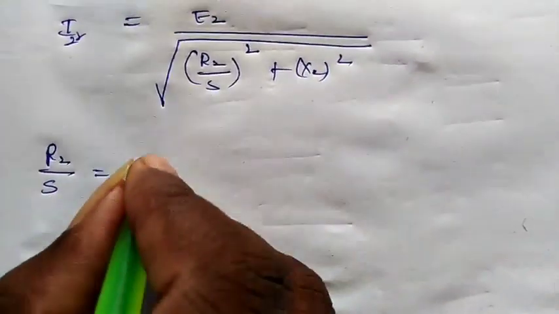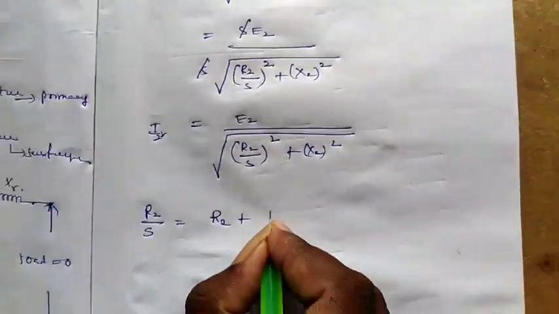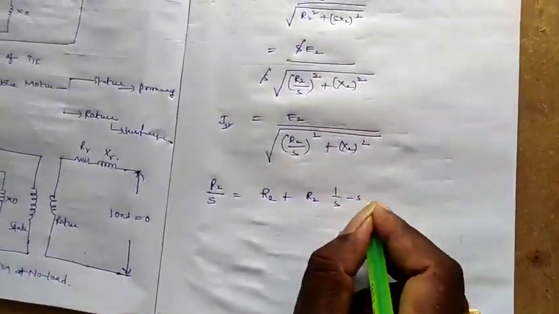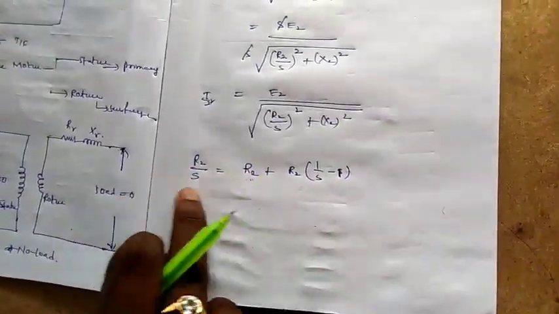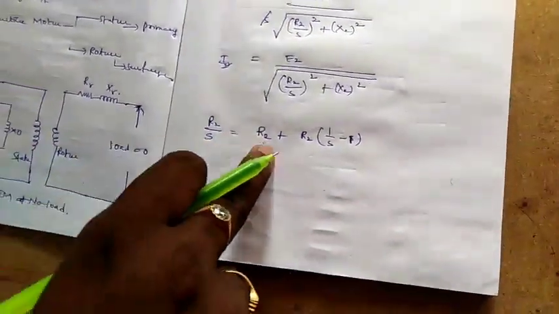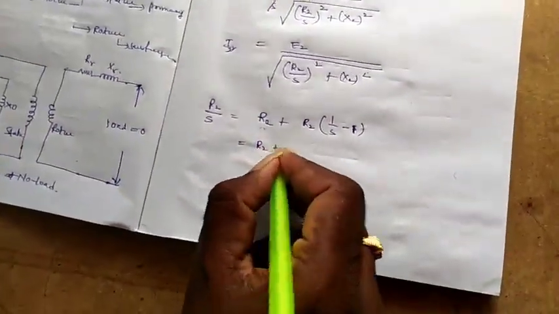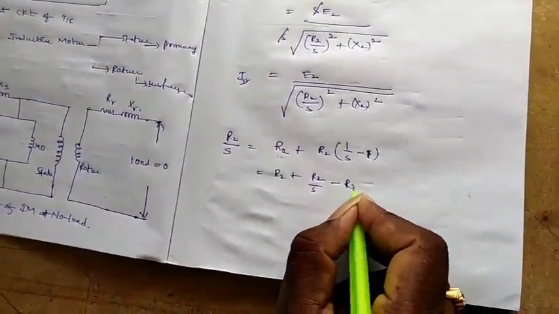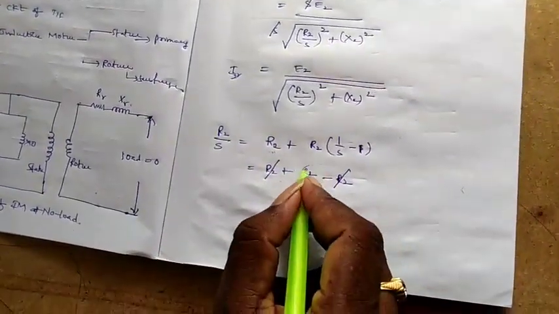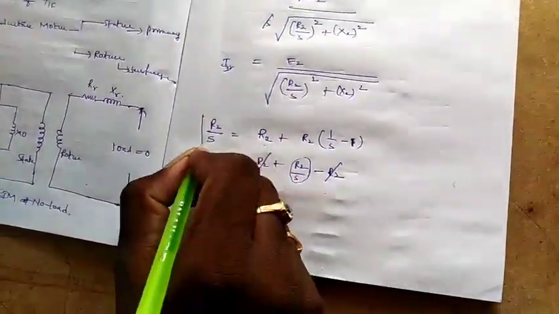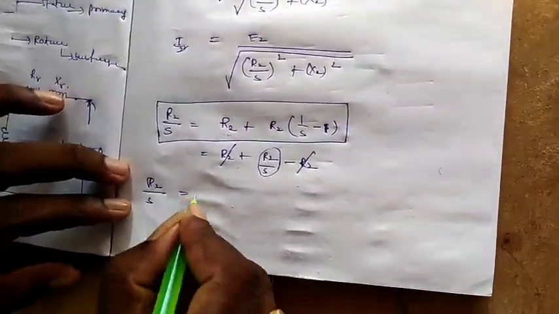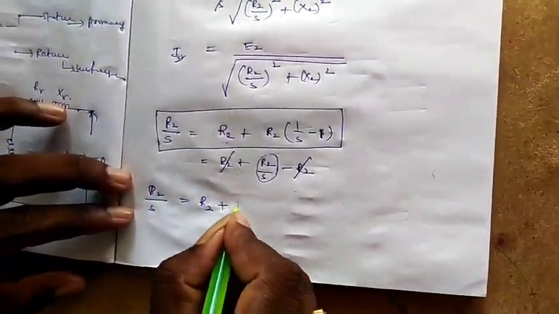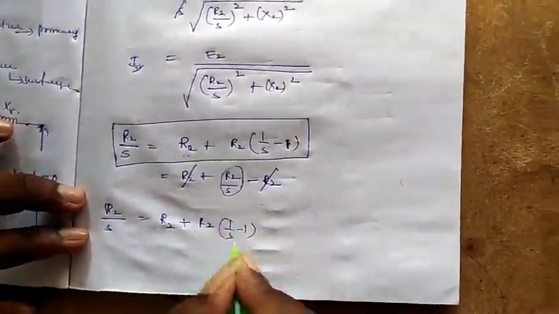R2 by S can be written as R2 plus R2 times (1 by S minus 1). So we can rewrite R2 by S in this form. R2 minus R2 get cancelled, and we get R2 by S. That means R2 by S is R2 plus R2 (1 by S minus 1).